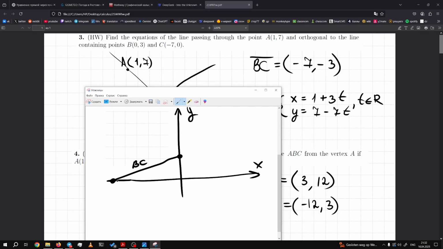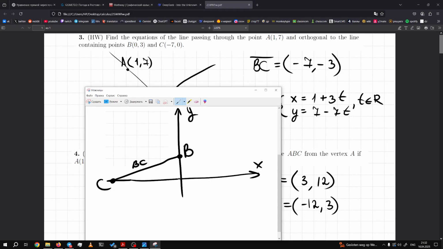It's minus 7, minus 3, right? Look, it's B, and this is C. So BC is minus 7, minus 3.